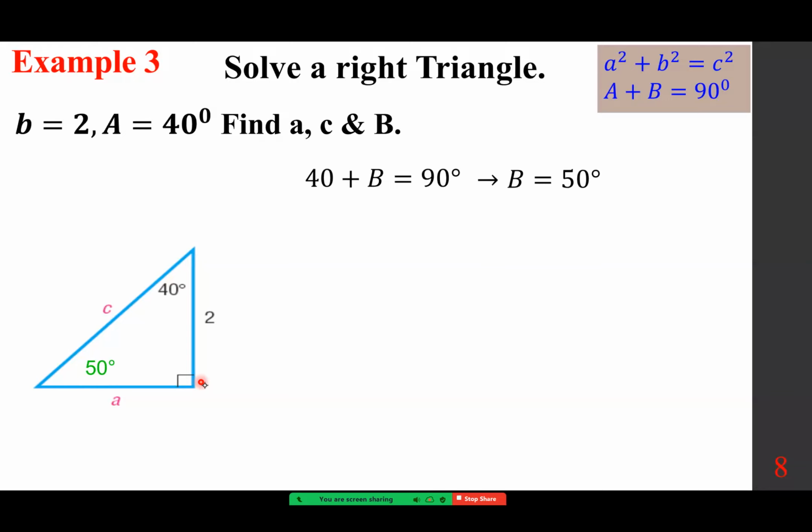Now we want to find all the sides. This one is given. So if you look at tan of, for example, 40 or 50, you can find the A. So tan of 40 would be A, the opposite, divided by 2. Cross product makes A 2 times tan 40.